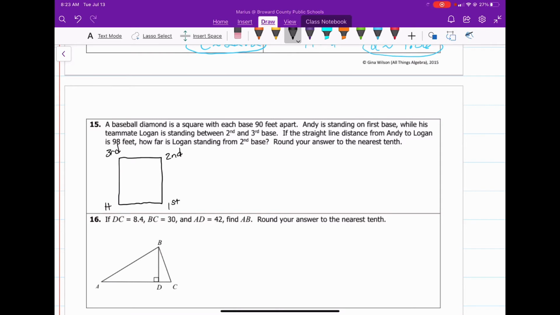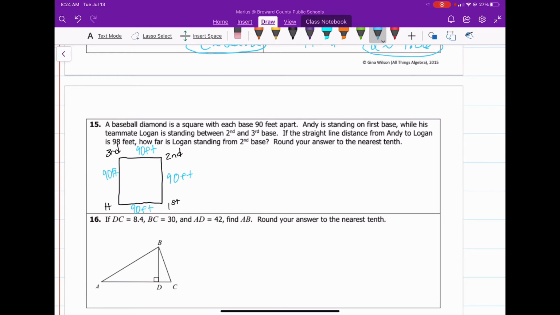Now, the distance between each one of these is 90 feet. And 90 feet. Okay. It says Andy is standing on first base while his teammate is standing between second and third base.